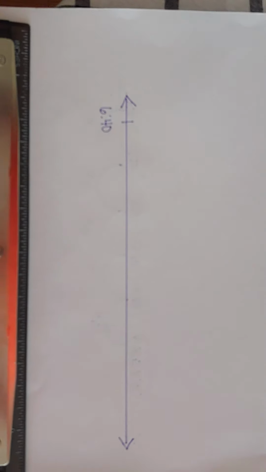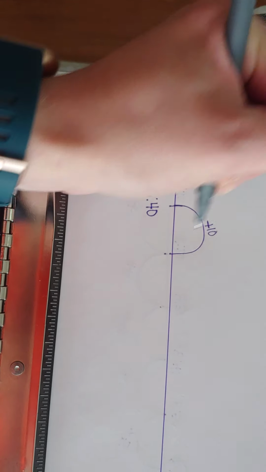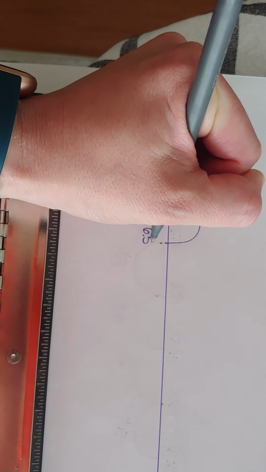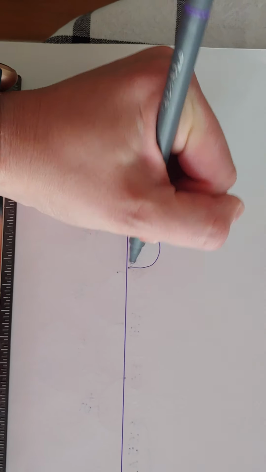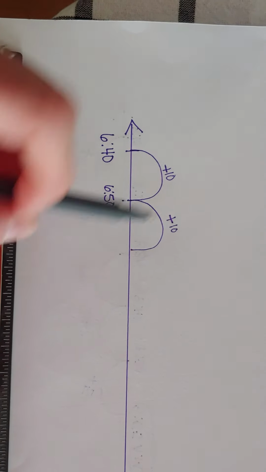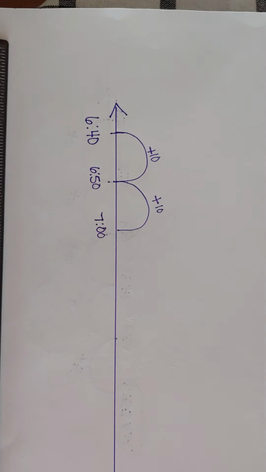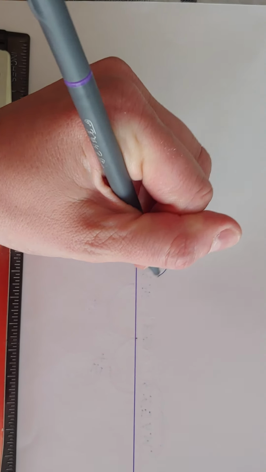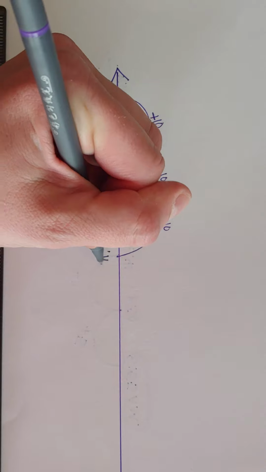So I'm going to jump 3 10s, which will be 6:50, another 10, which will be 7 o'clock, another 10, which will be 7:10.